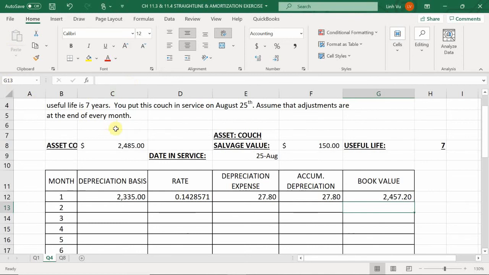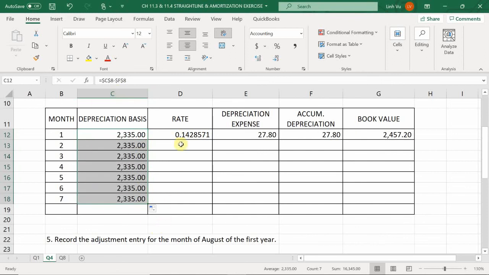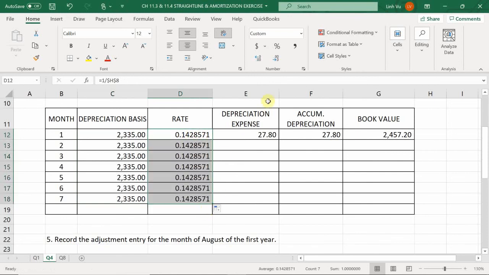Good. All right. So let's go ahead and solve for the second month. In this case, what's my depreciation basis going to be for the second month? It would stay the same for all 7 months. Good, because even if it's years or months, the depreciation basis is not going to change at all. Same thing with the rate, because it's all going to be the same. Now, what about my depreciation expense?